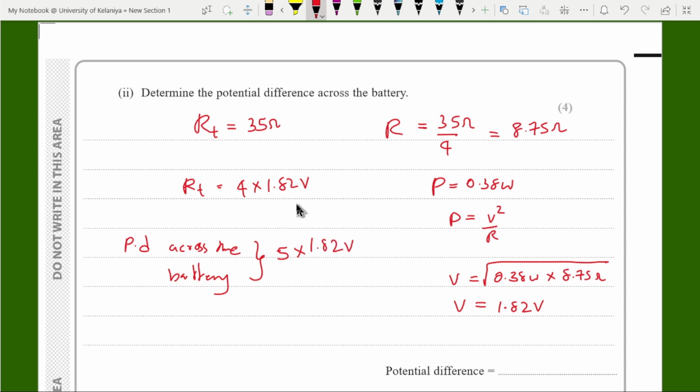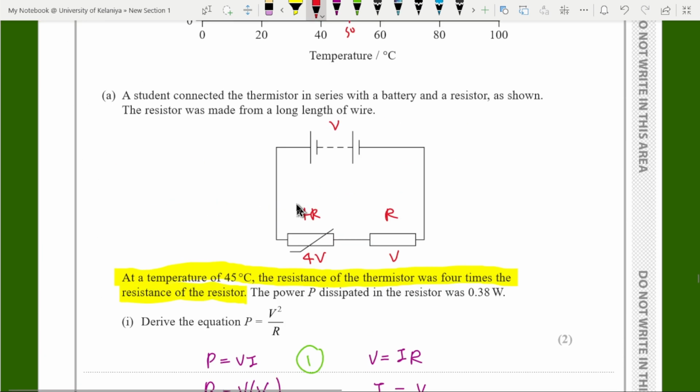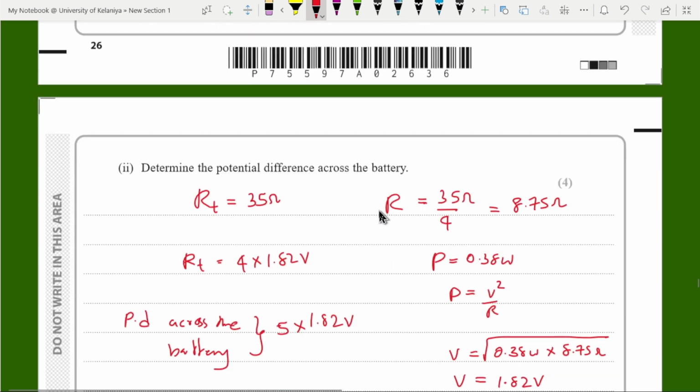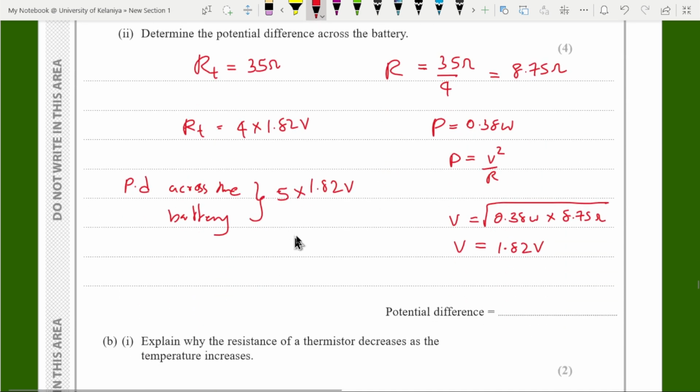Why? Right here in the diagram, if this is 4 volts and this is 1 volt, then this should be 5 volts. The 5 volts is distributed across the thermistor and the resistor. So it is 5 times 1.82 volts. If you calculate this, you will get 9.1 volts. So the potential difference is 9.1 volts.